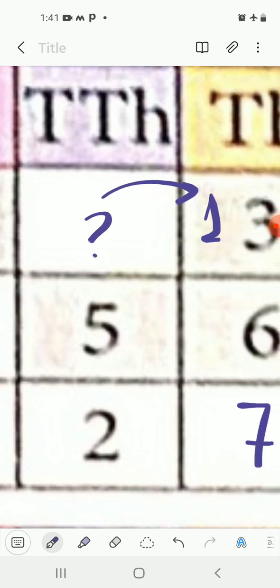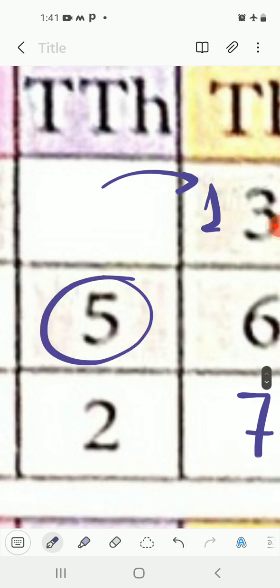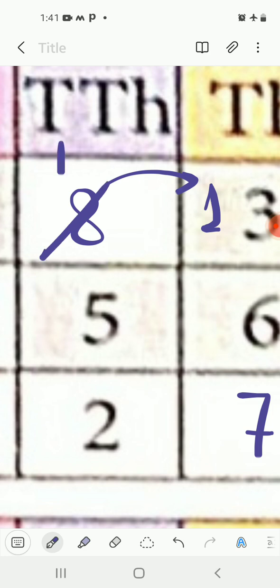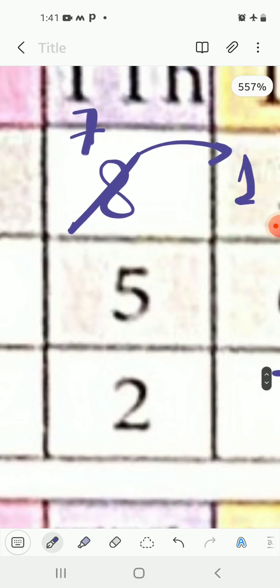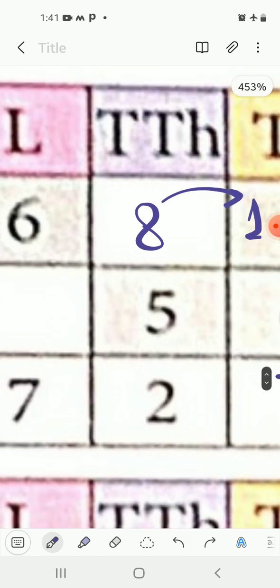To find the minuend, add these two, that is 5 plus 2, 7. And also add this one because we got it from the previous one. So we get 8. Now 8 minus 1 has become 7, and 7 minus 5 becomes 2. So the answer here is going to be 8.